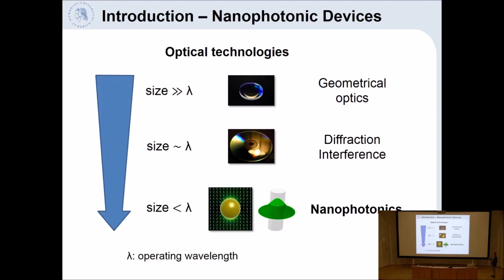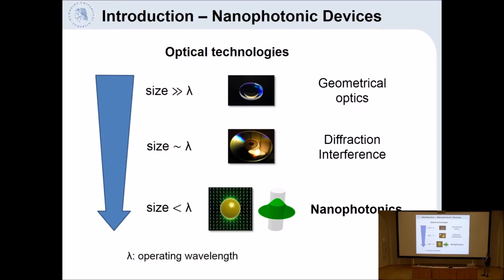If we want to understand diffraction and interference, we have to go to the wave description, but it's mostly still scalar theory that will do the job. But if we go to optical phenomena at a size smaller than the wavelength of the light that is involved, then we actually have to go to a full vectorial description, and the propagation of light and the polarization properties can no longer be considered independently of each other.